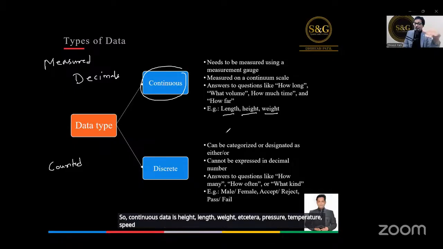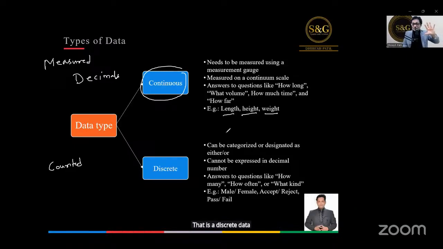Discrete data means, for example, number of pieces rejected. I am counting the number of pieces. That is discrete data. Everybody clear? Just give me yes in the chat box. Abhishek ji, are you clear? Whenever you are measuring, it's continuous. Whenever you are counting, it's discrete.